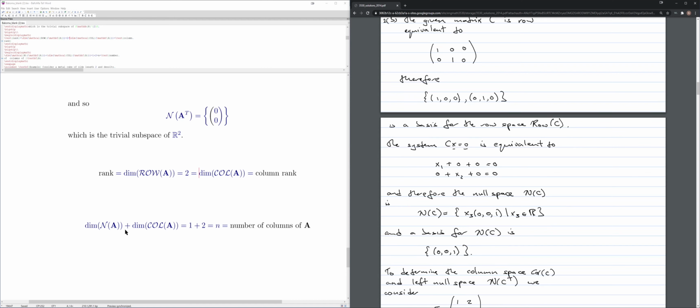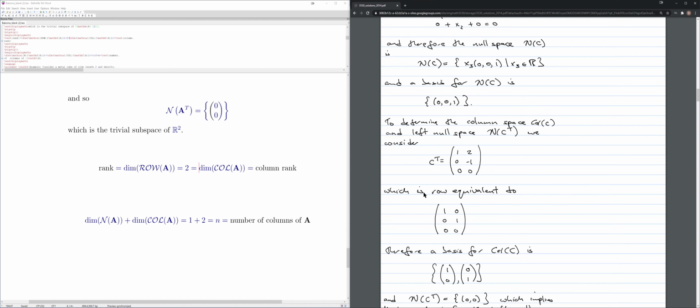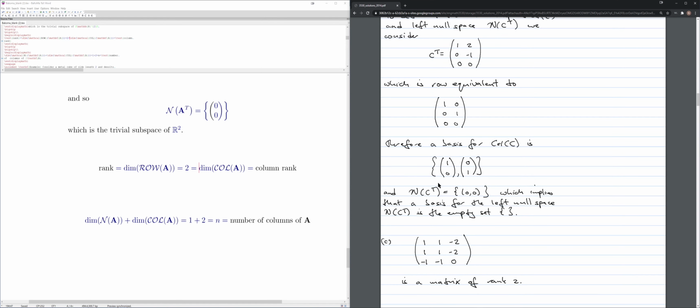So what's the dimension of the null space? Well, the basis for the null space is 1, 0, 0. Remember, there should be a column vector, but still, the number of elements in the basis is 1. So the dimension of the null space is 1. You only have one vector in the basis for the null space. The basis for the column space is these two vectors, the 1, 0 and the 0, 1.